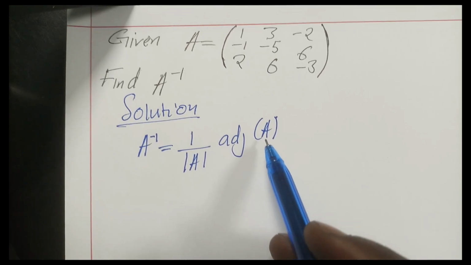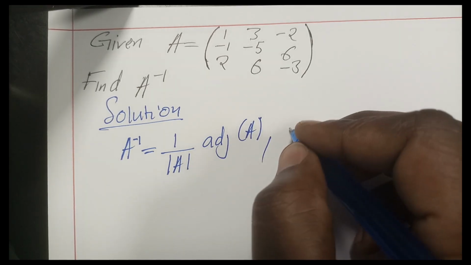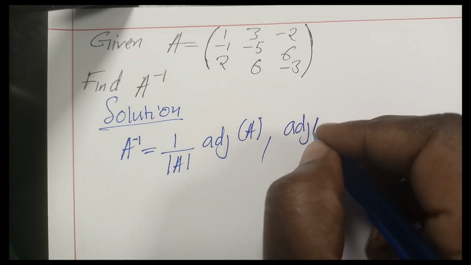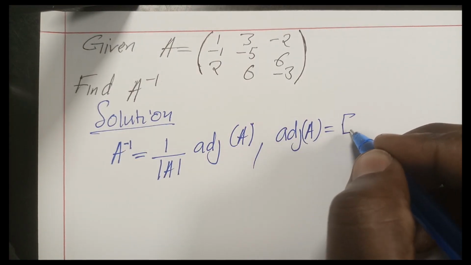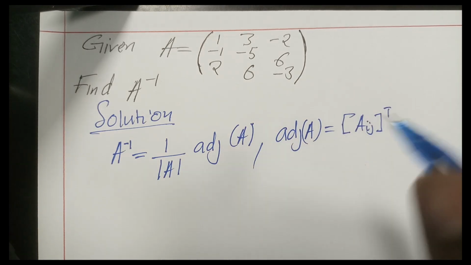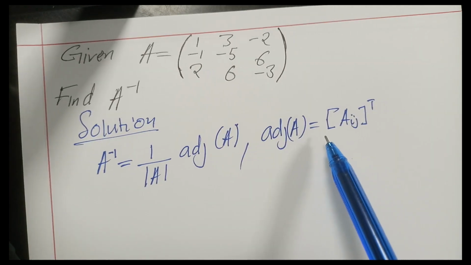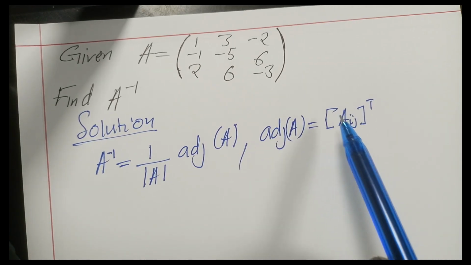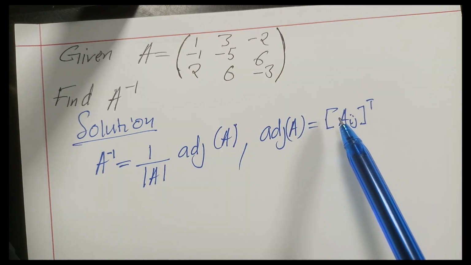Okay, so how do you find the adjoint matrix of this matrix? The adjoint matrix of A is given by the transpose of the matrix of cofactors of this matrix A. So how do you find the matrix of cofactors?